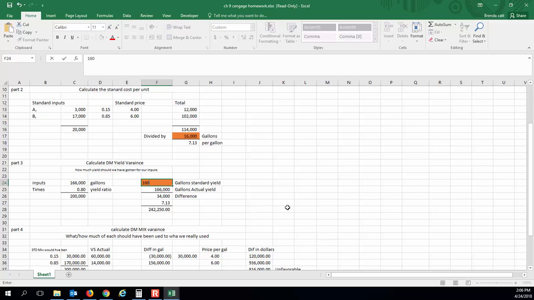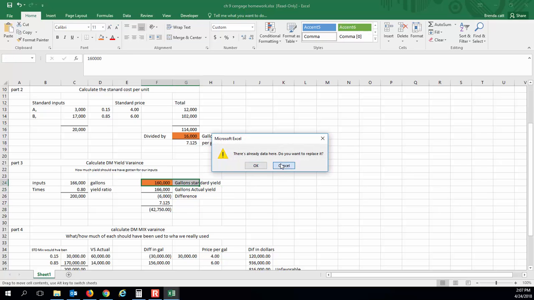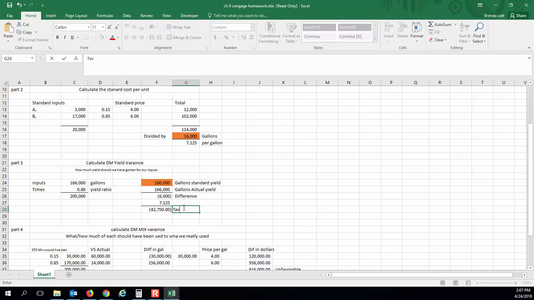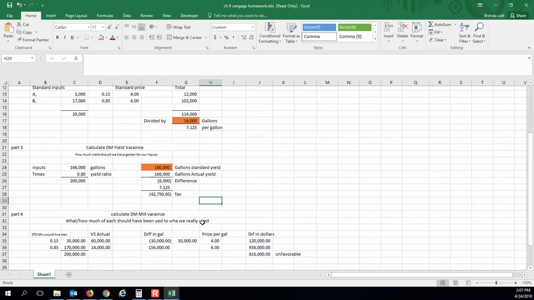So we would have expected 80% of the 200 out, which means we were off by 6,000 at that price up here. And again, I'm going to add a decimal there. Equals that. There's your variance for the yield right there. And let's see, if our actual yield was more than what we would have expected, well, we love getting more than we expect, so that would be favorable.